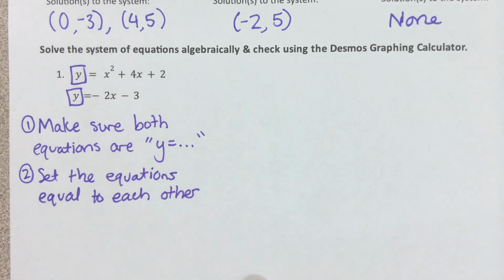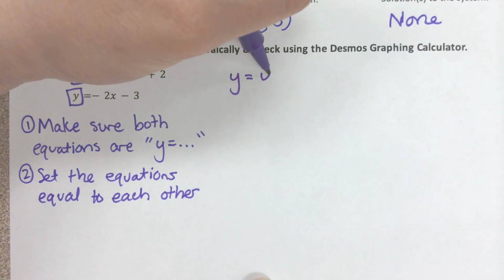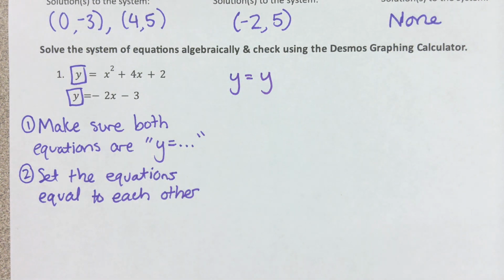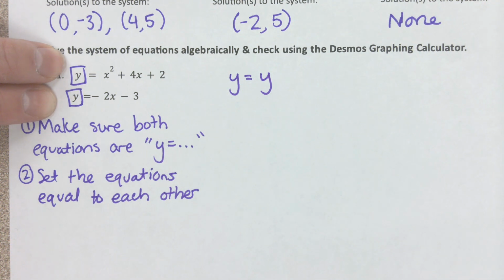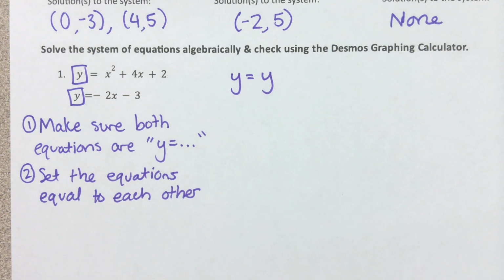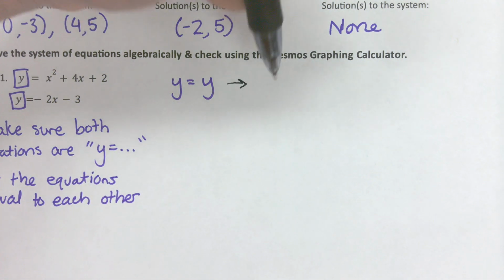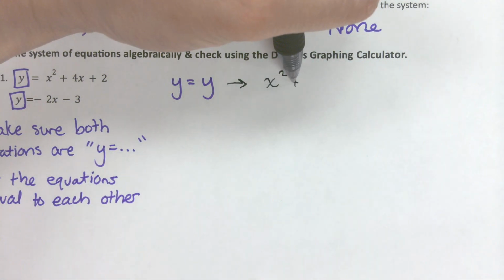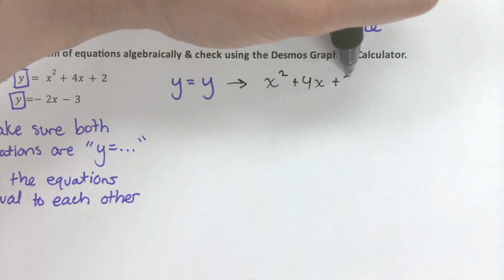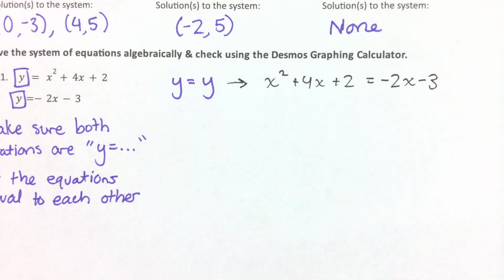But we have both y on the left side. So first, is y equal to y? Of course, it's equal to itself. So the logic here is if the left side is equal to itself, then the right side must also be equal to itself. So going off of that, we can say that x squared plus 4x plus 2 is equal to negative 2x minus 3.